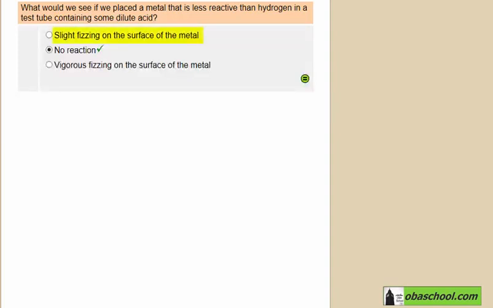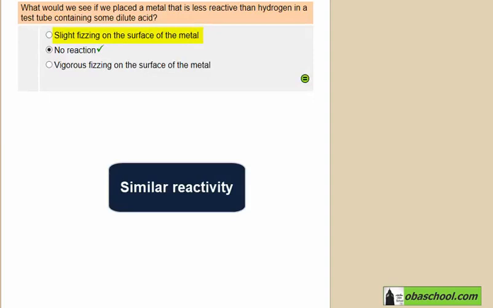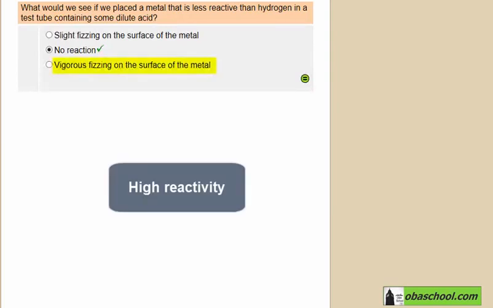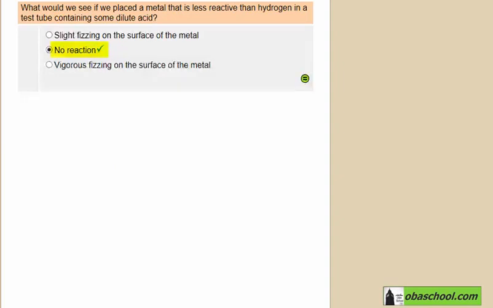Actually, slight fizzing on the surface of the metal will be observed if the metal is of similar reactivity to hydrogen. On the other hand, there is vigorous fizzing on the surface of the metal with metals of high reactivity, whereas less reactive metals than hydrogen won't react with it, so no reaction will be observed.